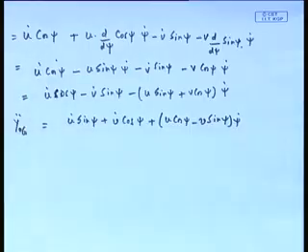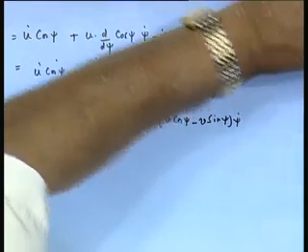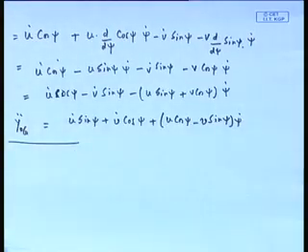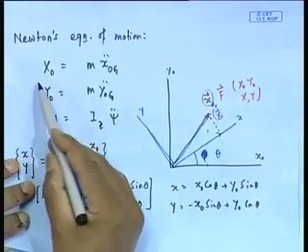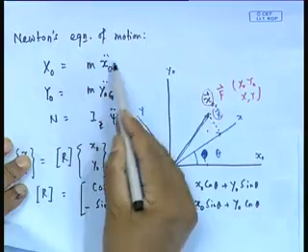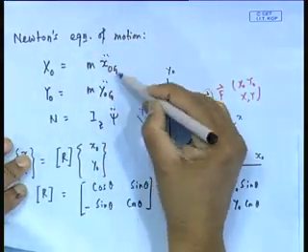Now, if I put this x 0 y 0 expression in the equation of motion that we wrote first, Newton's equation of motion, x 0 equal to m x g double dot. Because what I have done is, the first step, I have represented that in terms of u v.